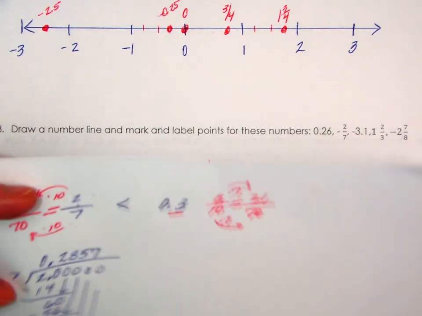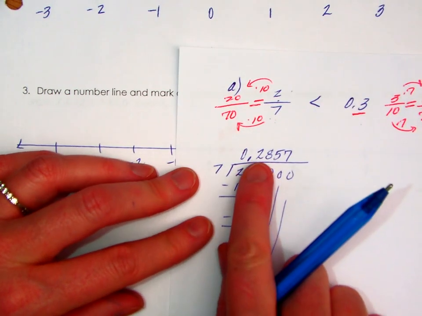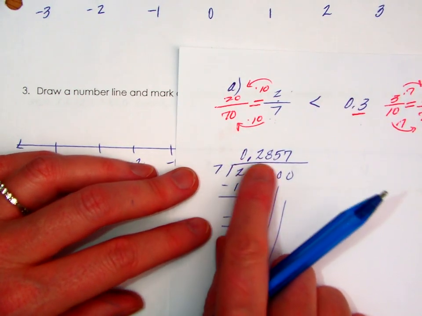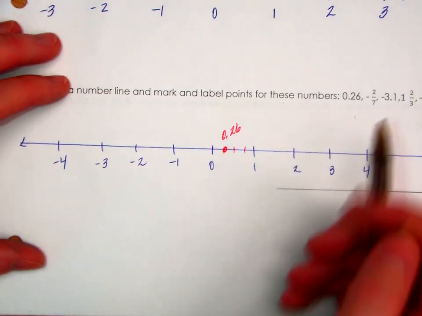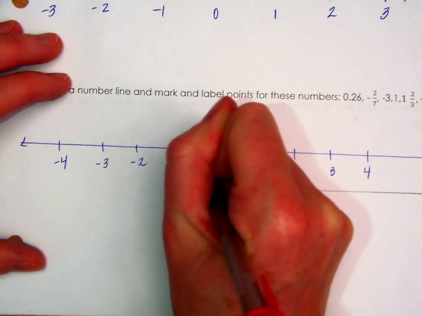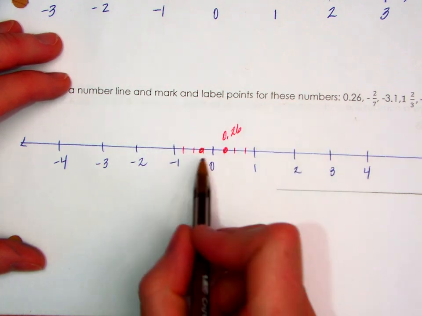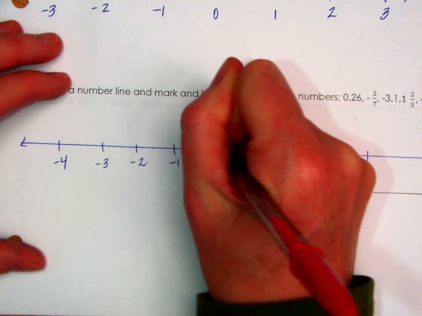So, taking a look at that, we did do that earlier. This time it's negative though, so it's going to be about negative 28 hundredths. So that's going to be about here, because it's close to 25 hundredths.